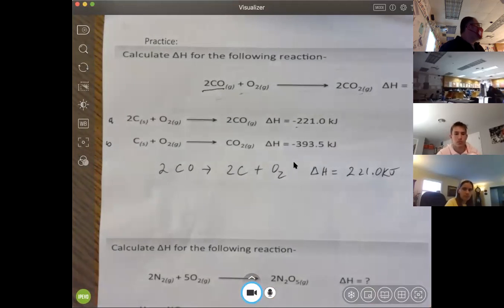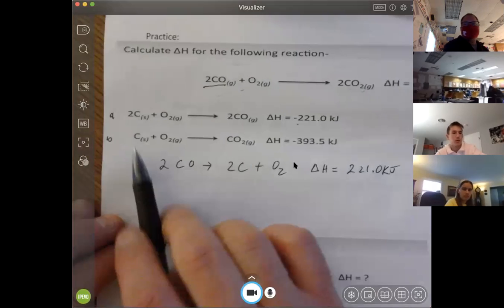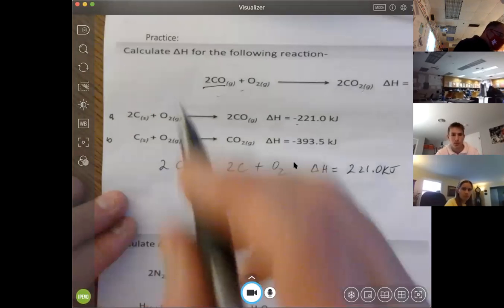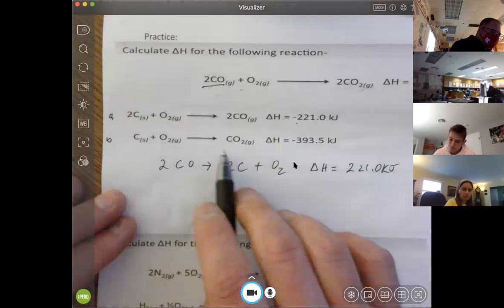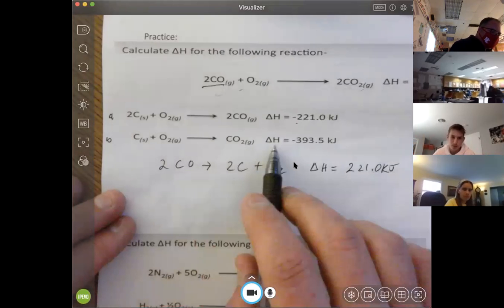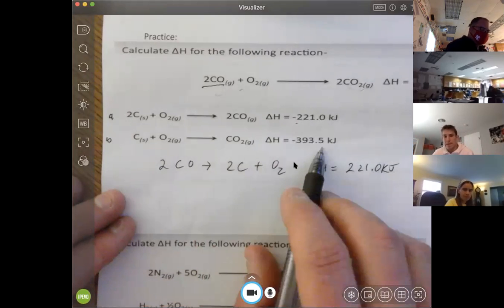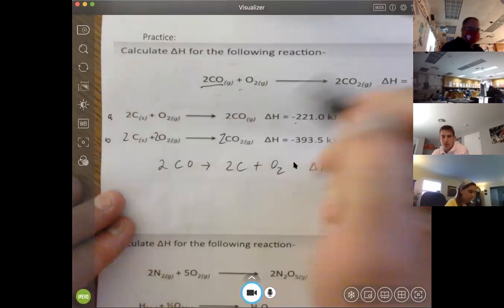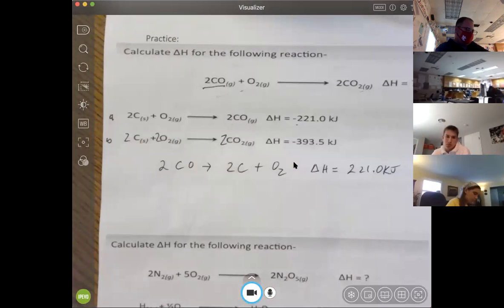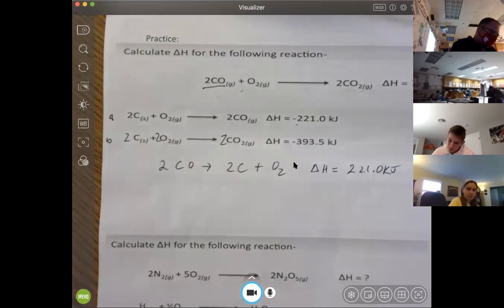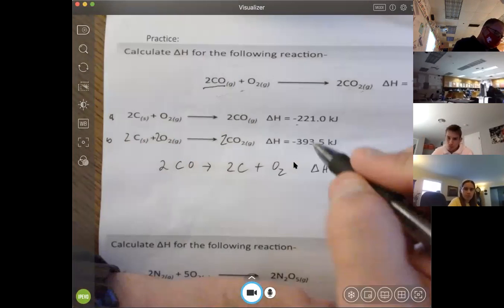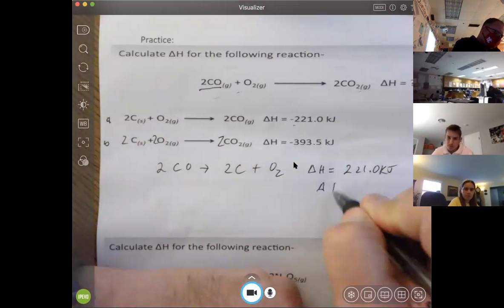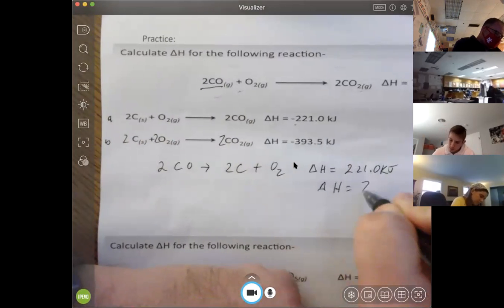Who was that? Elise? Good. Elise says double it. If 1 mole of CO2 being produced gives off 393.5 kilojoules, then 2 moles of CO2 gives off 2 times negative 393.5. It's negative 787.